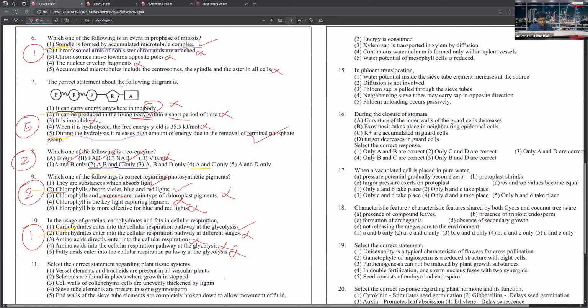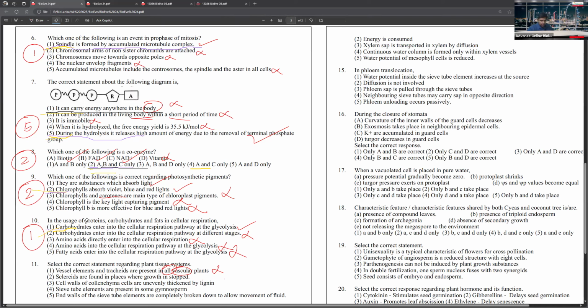Wrong. Sclerids are found in places where growth has stopped. How about that? Okay, sclerids, correct.